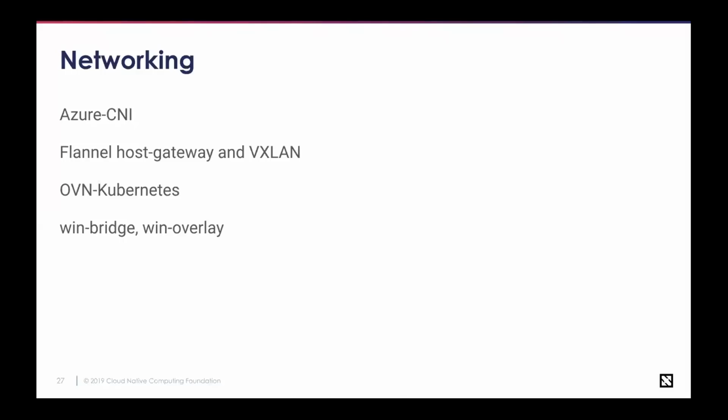What this means is if you're using another plugin for IP address management or policy that doesn't yet have Windows support, they don't necessarily need to do all the hard work to port all of that code to the Windows APIs that are used for creating network interfaces and routes. Instead, they can delegate to one of these plugins that still follows the same CNI interface, but it can do the heavy lifting of being able to create those endpoints and get that stuff configured, so that way the code sitting on top of it can be shared across both Windows and Linux.